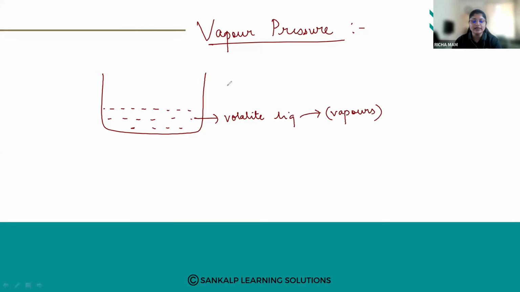Now, the molecules present in the volatile liquid are at the surface of the liquid. Vapor pressure is the pressure which is exerted by the vapor of the liquid. Now I'll heat the beaker, that is, I'll apply an external temperature. What will happen?